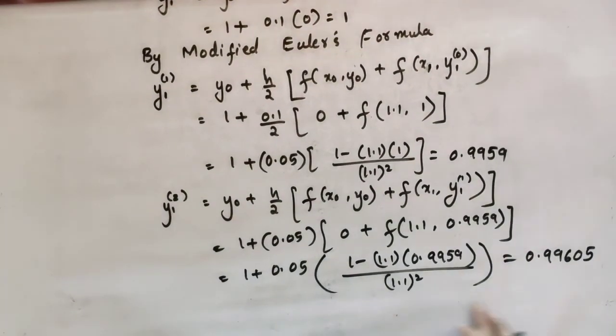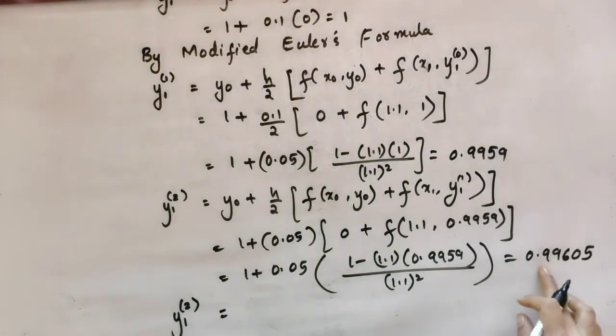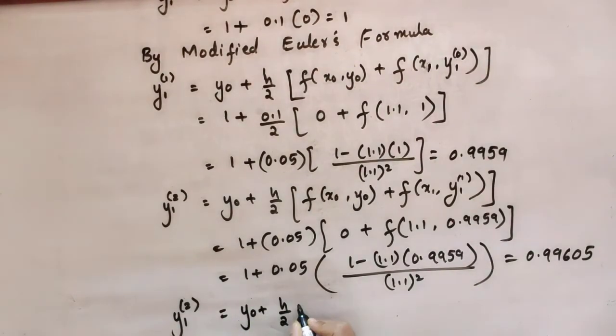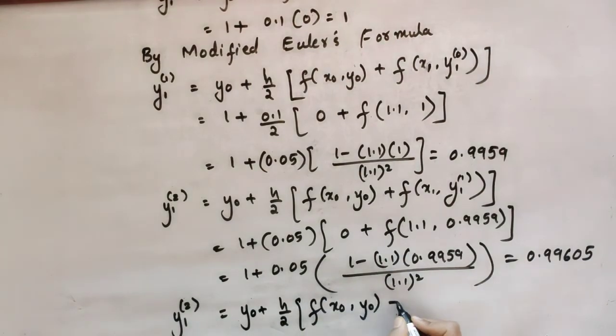Now let us continue with one more iteration, because it has been mentioned correct to 5 decimal places, so that these 5 decimal places repeat in that iteration. I hope you have understood; previously I have explained the meaning of it.